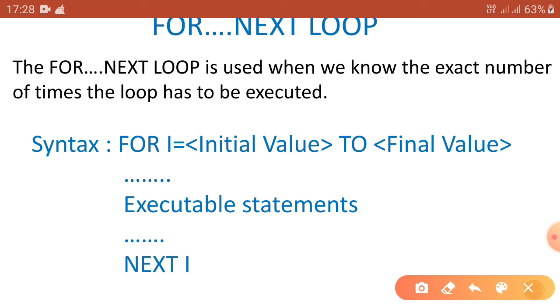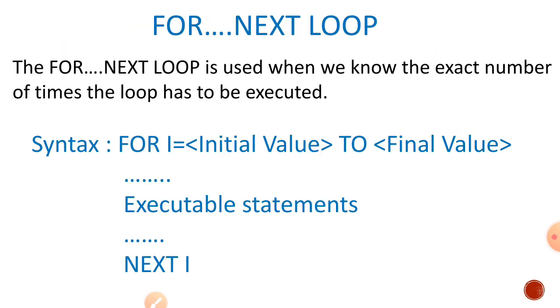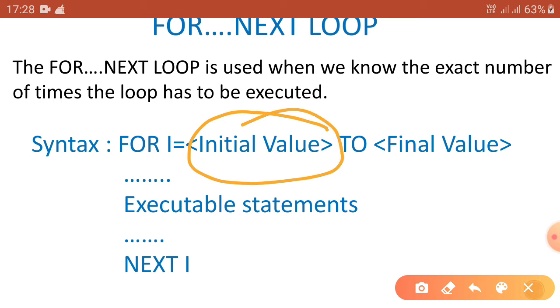Number 2: the FOR statement uses a counter variable having an initial numeric value and a final numeric value. The counter variable controls the number of times the loop is executed. The first time the loop is executed, the counter variable takes the initial value.